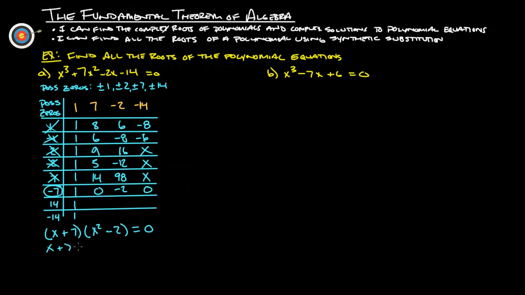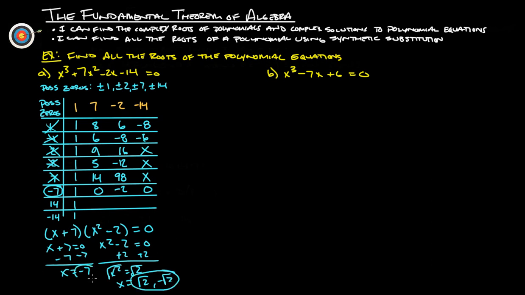So x plus 7 has to equal 0, x squared minus 2 has to equal 0. So subtract 7, x equals negative 7 like we just found, and then add 2 to both sides. X squared is 2, so we square root both sides, and we get that x is going to be root 2 and negative root 2. So those are our 3 different answers for that one.